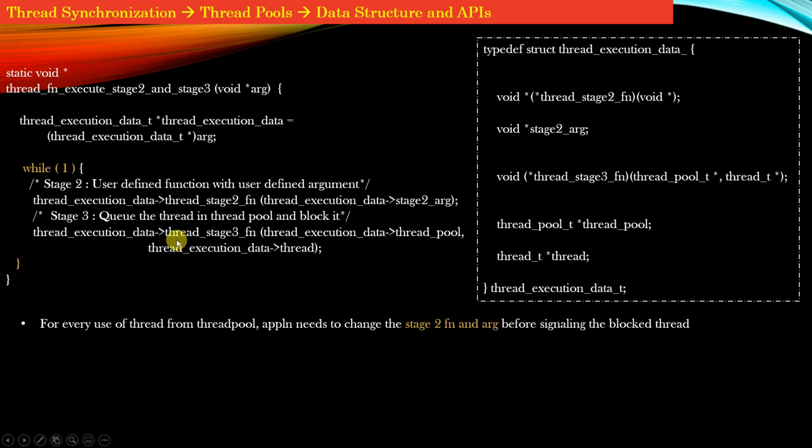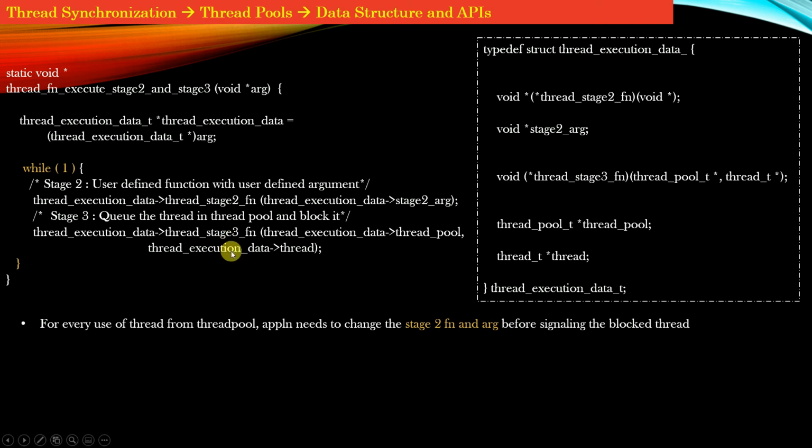So whenever a thread is given a signal, the thread will come out of this stage 3 function, right? And because of this while loop, it will go to stage 2 again and it will again block itself in stage 3, and the cycle will keep on repeating, right? At no point are we destroying the thread or creating the thread.